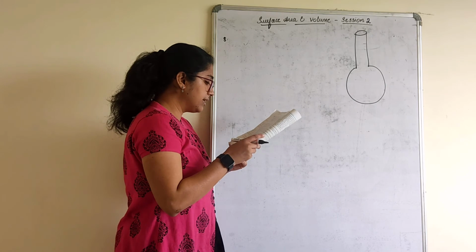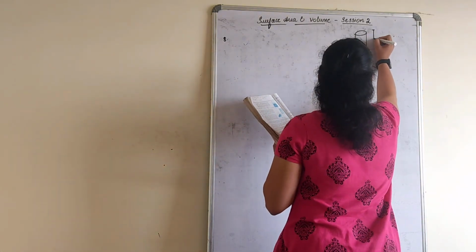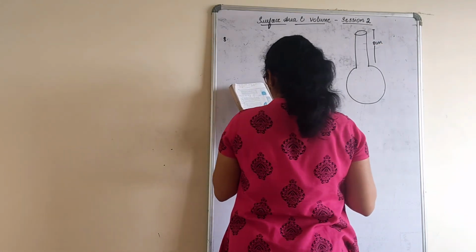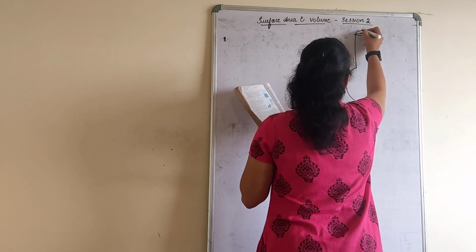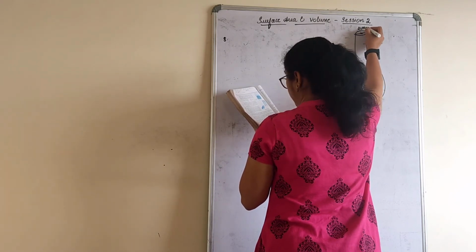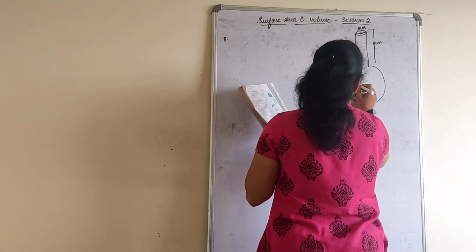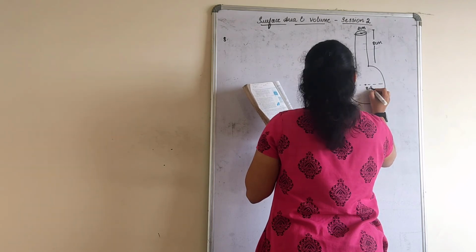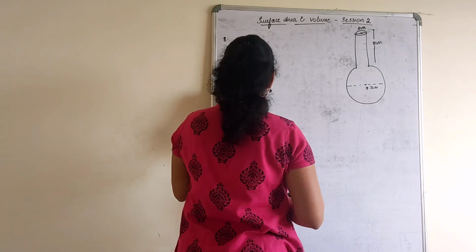A spherical glass vessel has a cylindrical neck of 8 cm long and 2 cm in diameter. The diameter of the spherical part is 8.5 centimeter.